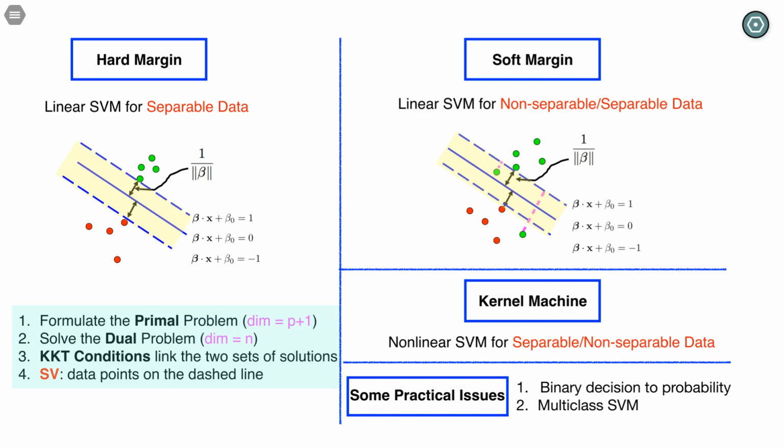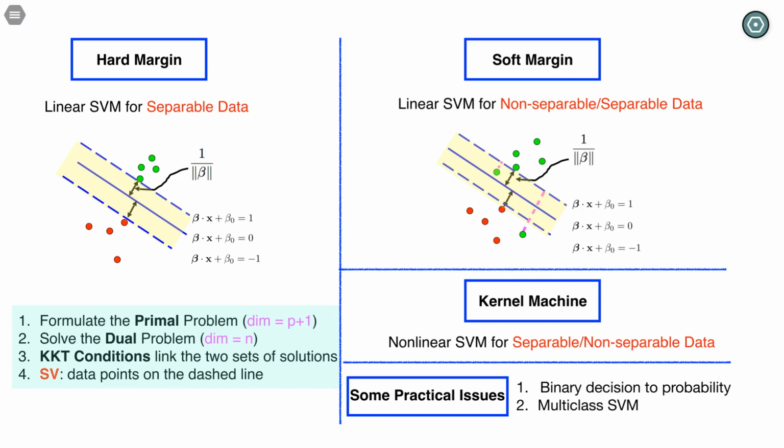So we're going to talk about how to solve this problem, and there are two possible ways we can generalize the so-called hard margin formulation to address this non-separable data. One is called soft margin. In the hard margin setup, which is on the left, we place a wide avenue between the two groups, and no data points are allowed on this avenue, and also no data points are allowed on the wrong side of the dashed lines.